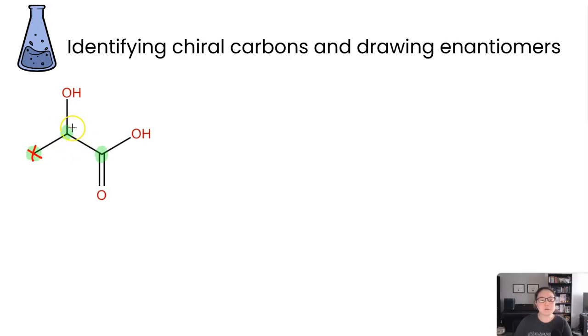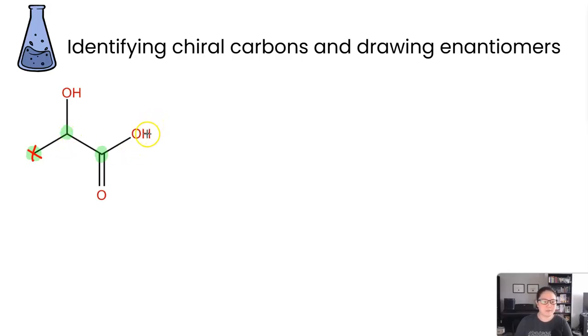Looking at this particular carbon, if we take a look at what's attached to it, now we do have that CH3, so that is one thing. Then we have our OH, which is another thing, and it is different. And then we have this carboxyl group attached to this carbon as well, which is also another different aspect.